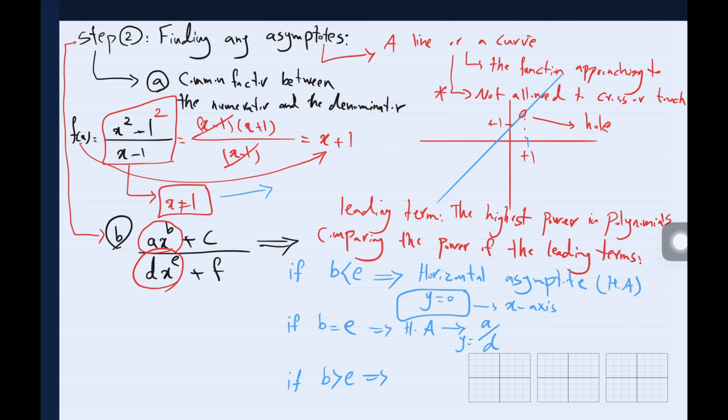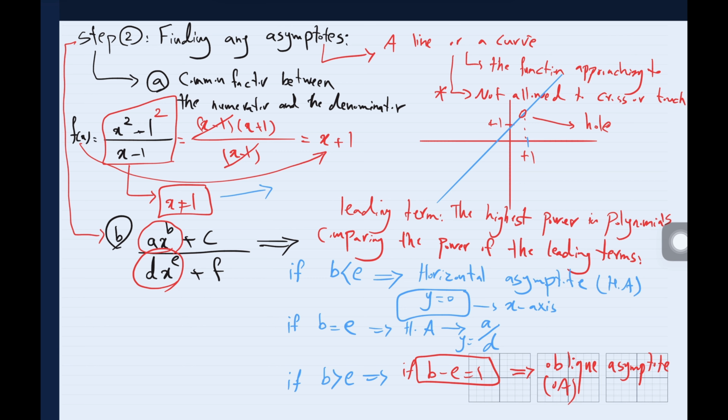If b is bigger than e and b minus e is only 1 unit, it means the power of the leading term in the numerator is bigger by only 1 unit than the power of the leading term in the denominator, then we'll have an oblique asymptote. So I call this OA. Some textbooks also call that a slant asymptote. So all the same.